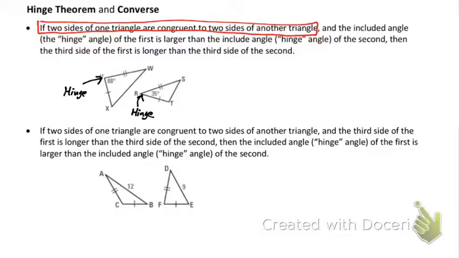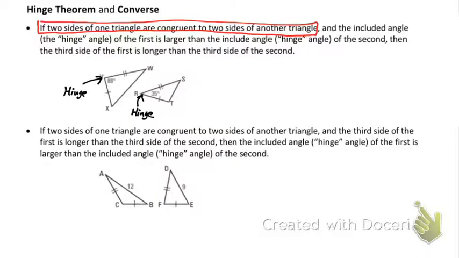All right, we have two congruent pairs of sides in both of these. We have VX is congruent to RT. We also have VW is congruent to RS. And we're talking about the angle between those two congruent sides. So that makes them a hinge angle.